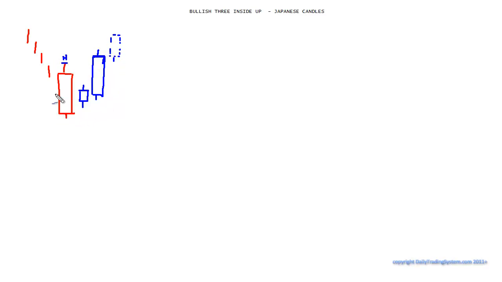So these three candles with solid lines are the actual Bullish Three-Inside Up. The reason I think they call it the inside up is that these two lows are inside the real body. That's what I think they call it, the Three-Inside Up.